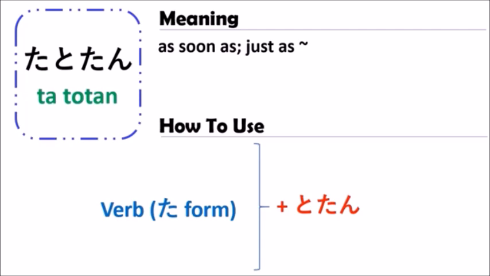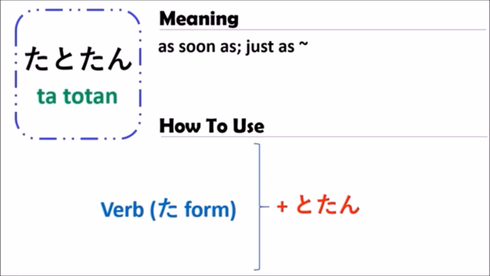For example, we can use the verb iku. Iku is the dictionary form, but the past tense form is itta. Itta Totan. Or kuru, which means come. When you change it to the past tense form, it is kita. Kita Totan, something like this.